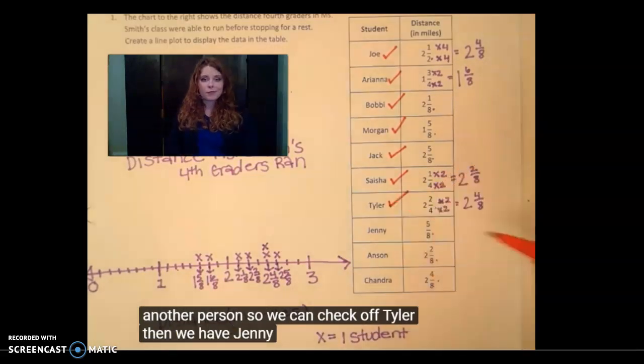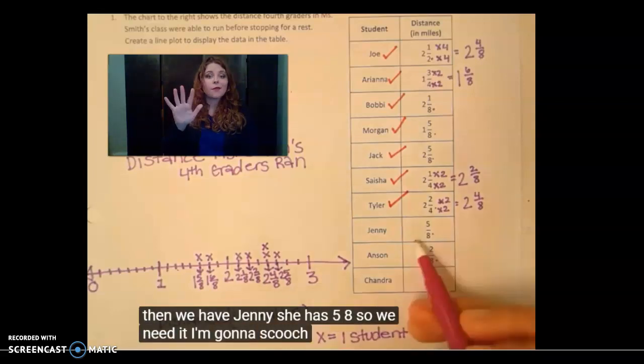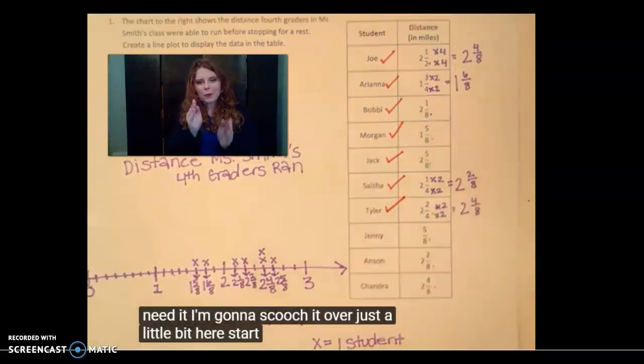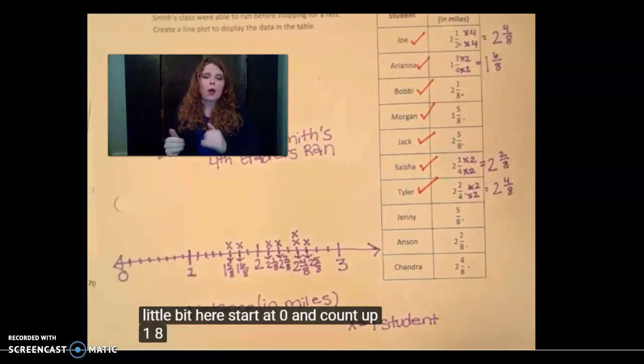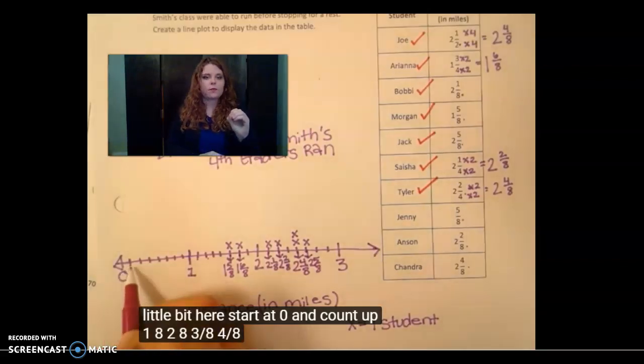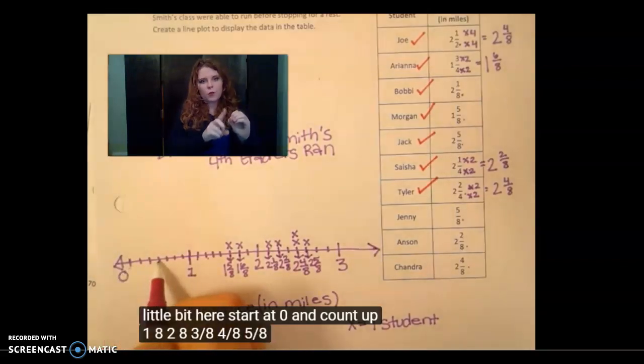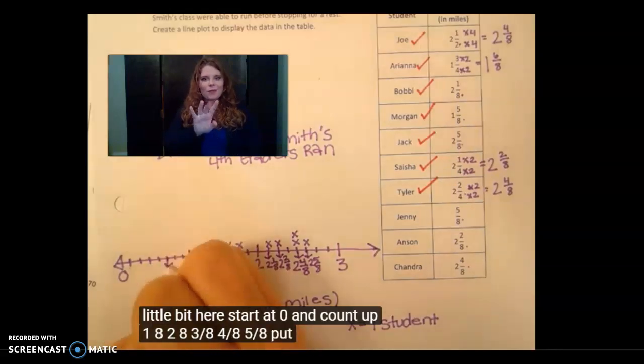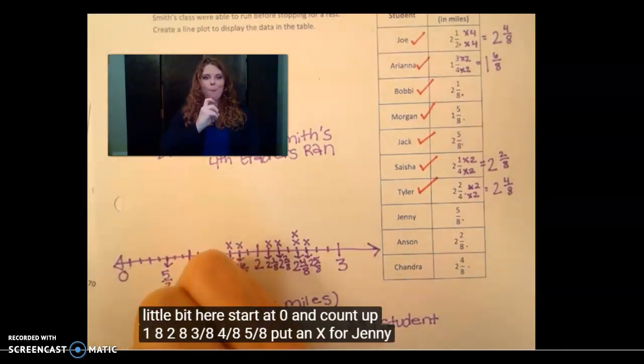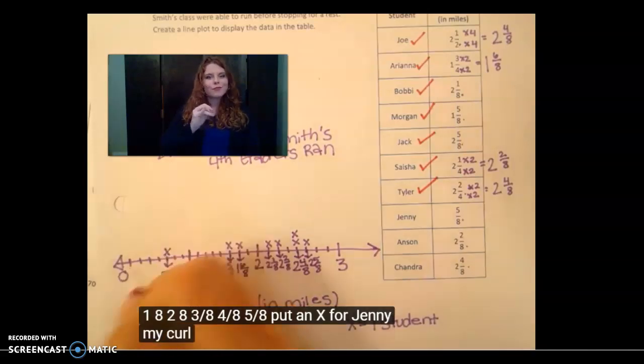Then we have Jenny. She has 5/8. So I'm going to scooch over just a little bit here. Start at 0 and count up 1/8, 2/8, 3/8, 4/8, 5/8. Put an X for Jenny. Mark her off.